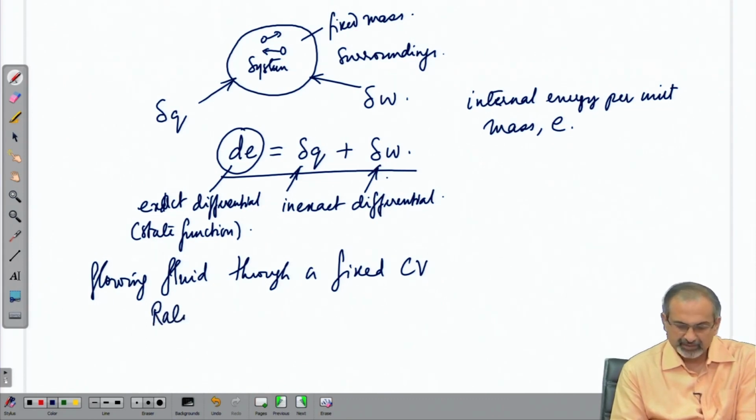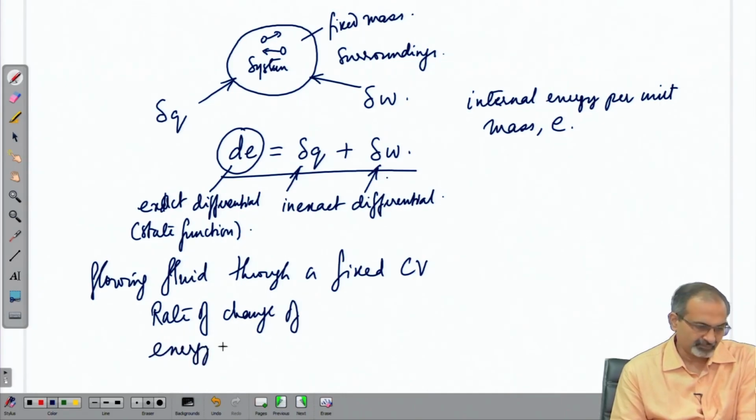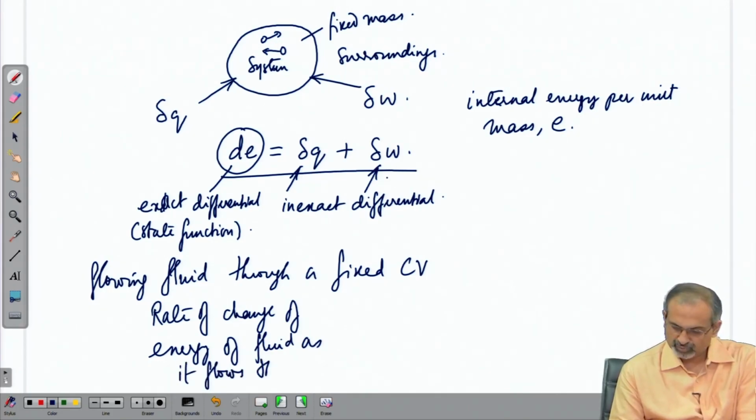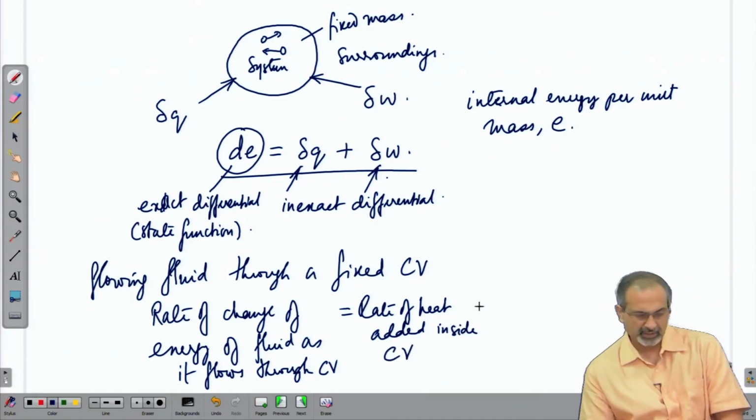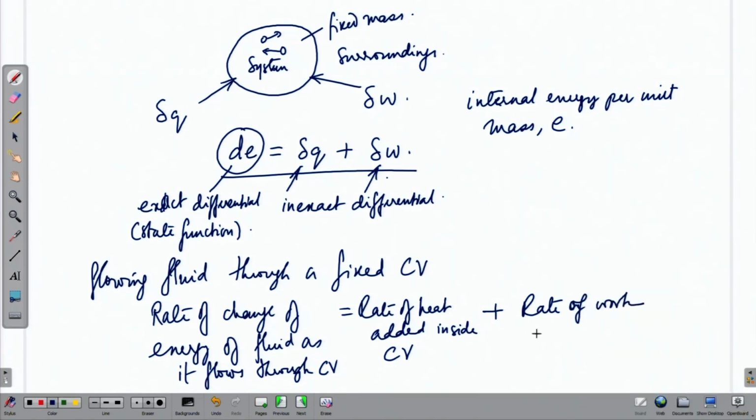We say that the rate of change of energy of fluid as it flows through the control volume is equal to the rate of heat added inside the control volume from surroundings and the rate of work done on the fluid inside the control volume.